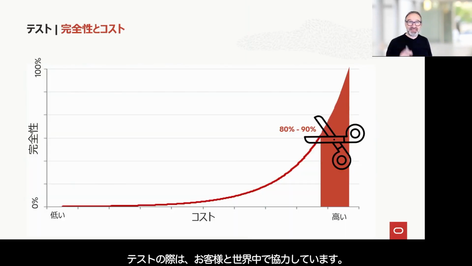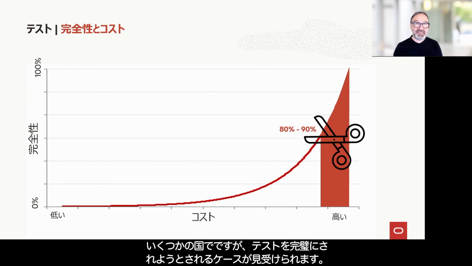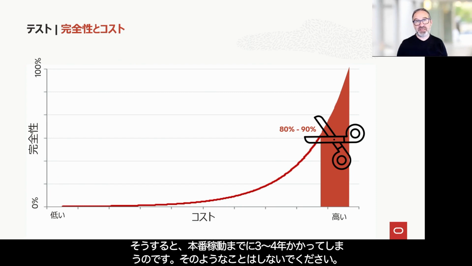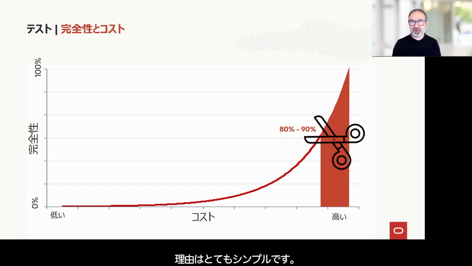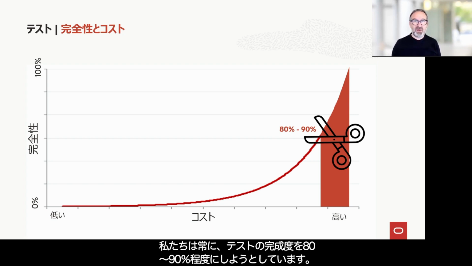And when you test, we work with customers globally. And in some countries, it's really a pattern that people want to reach test completeness. And then cycles take 3 or 4 years until you can go live. Don't do that, for a very simple reason. We always try to reach something like 80 to 90% test completeness.